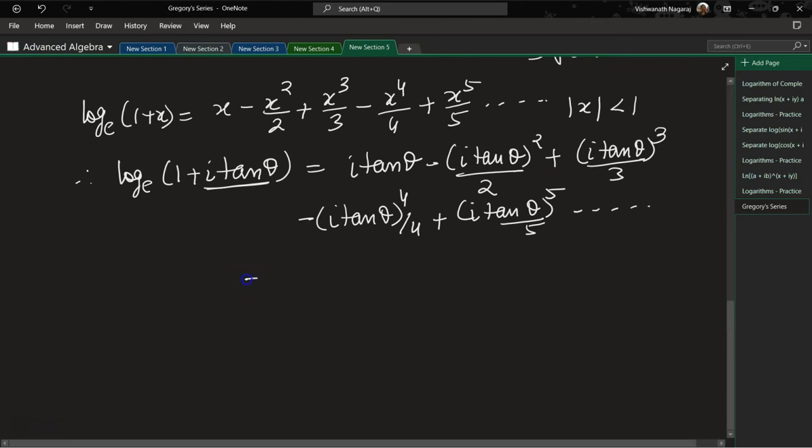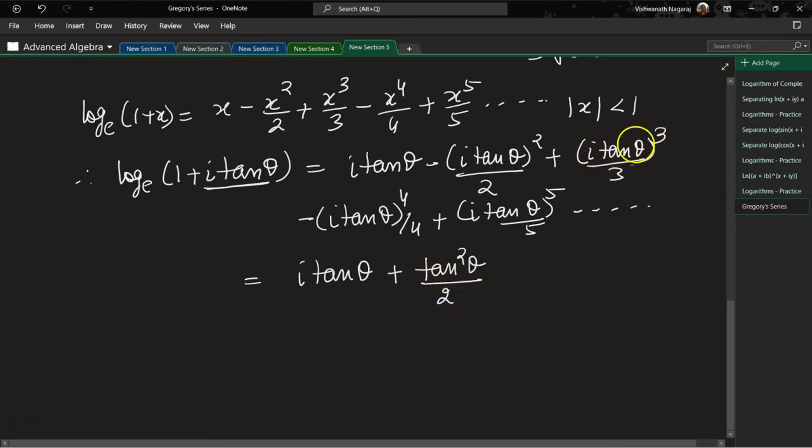Okay, let's simplify this now. What do we get? We get i tan theta as it is, and here you end up with i square. i square is minus 1. Minus into minus is plus, right? So we have plus tan square theta by 2.